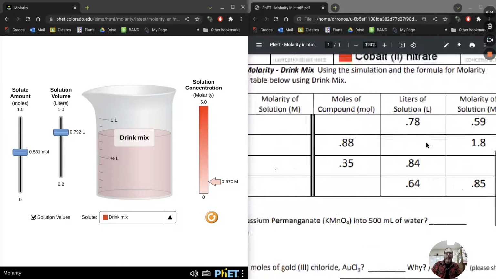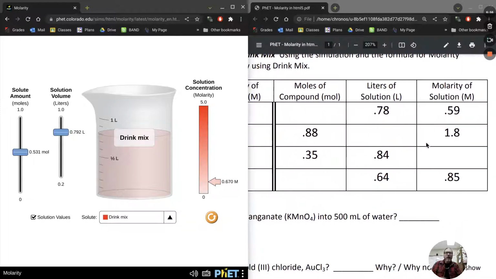On the right side here, it may be asking for something different. In this case, it wants me to have a molarity of 0.59 and liters of solution at 0.78. So I'm going to set my liters of solution at 0.78. Oh, I had it. So close. That's fine.